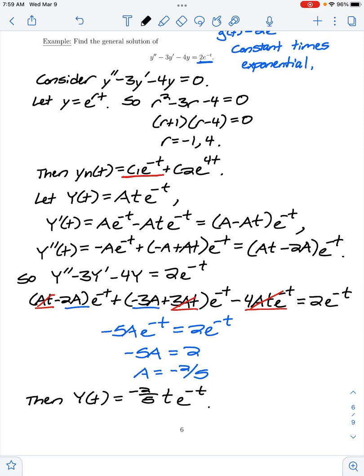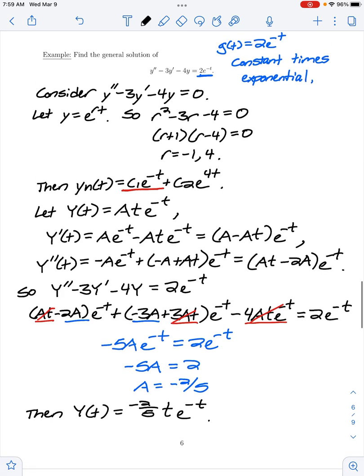So again, once I find my homogeneous and particular solutions, we find that the general solution would be given by the sum of the homogeneous solution, c1 e to the negative t, plus c2 e to the 4t, and our particular solution, which was negative 2/5 t e to the negative t.